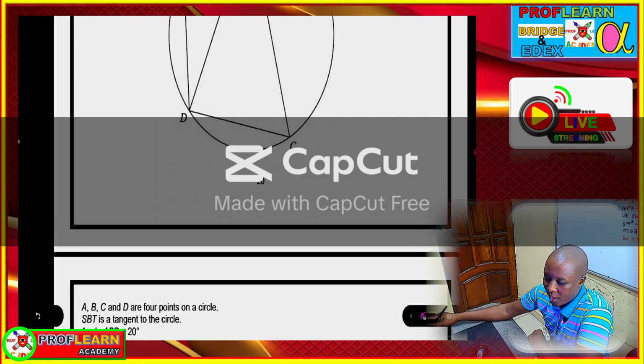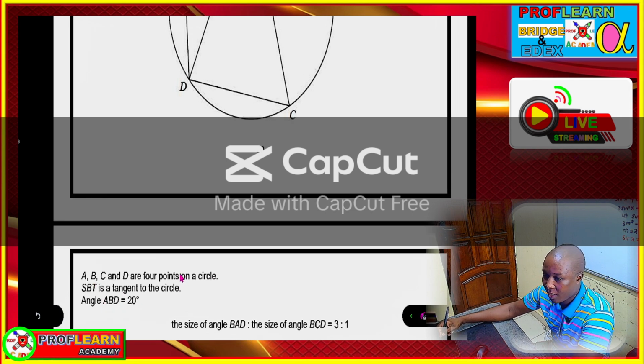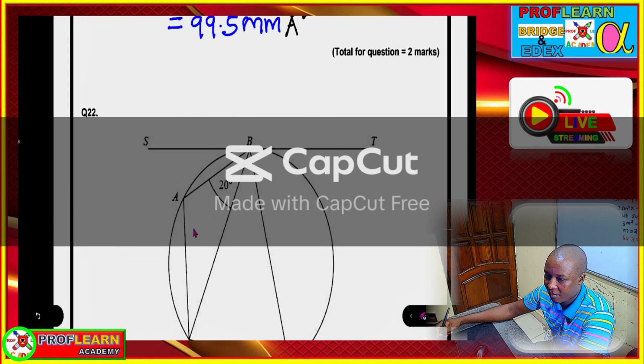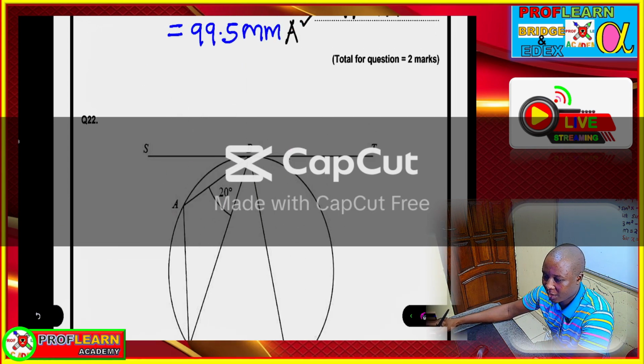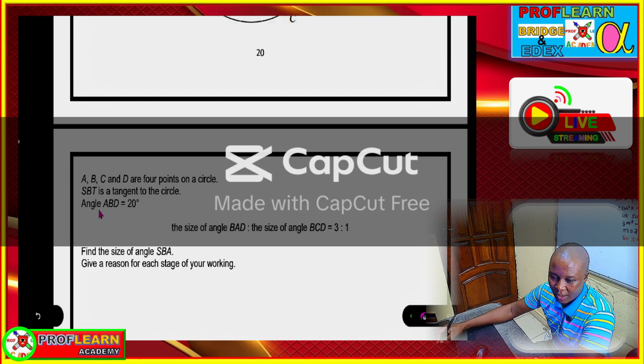So we are supposed to work out: A, B, C are points on the circle. SBT is a tangent. We are having a tangent there. SBT is a tangent, and the tangent touches the circle at one specific point. And we are told that angle ABD is equal to 20 degrees.